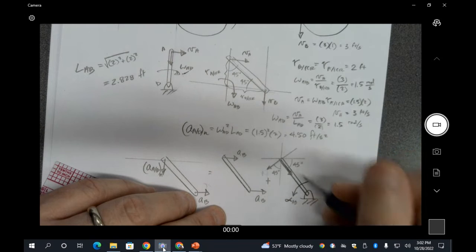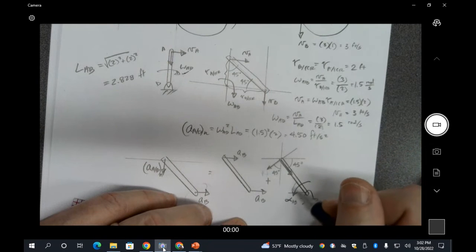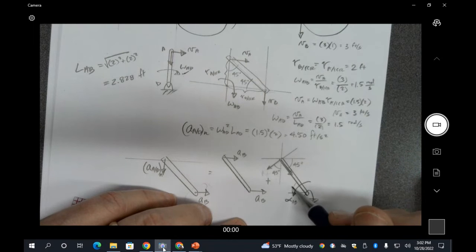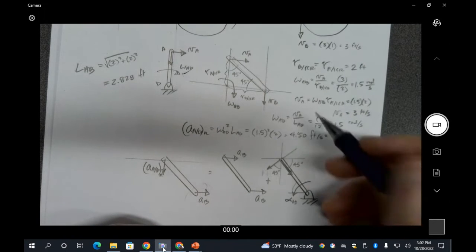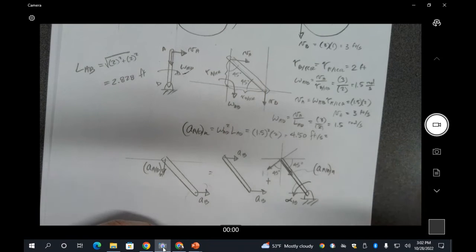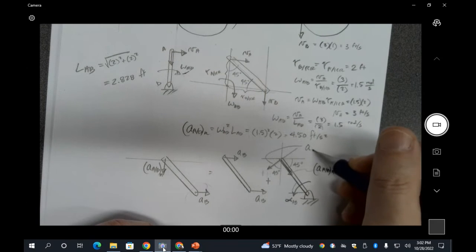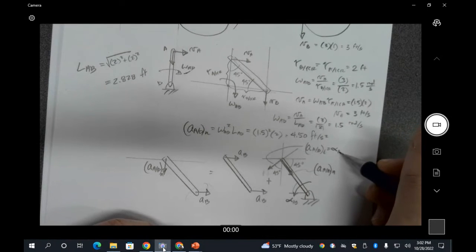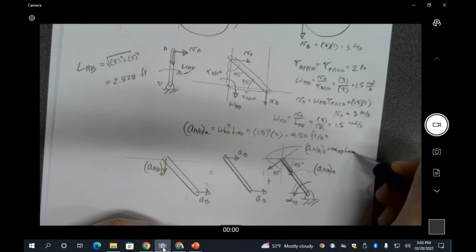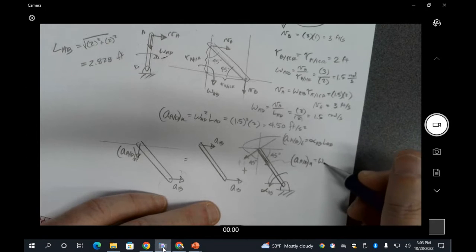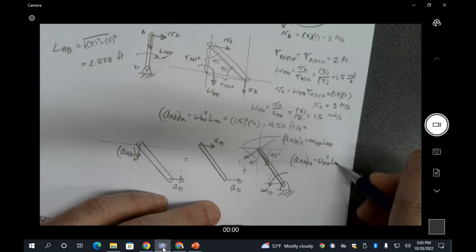I'll even call that one 45, because if this thing was known, that angle right there would be the same one as that, and the same one as that right there. So we're going to try to keep consistent and careful with those angles. This guy is the acceleration of A with respect to B in the normal direction, and he is the acceleration of A with respect to B in the tangential direction, and he's alpha AB times LAB, and he is omega AB squared times LAB.